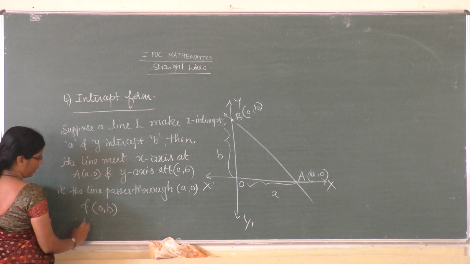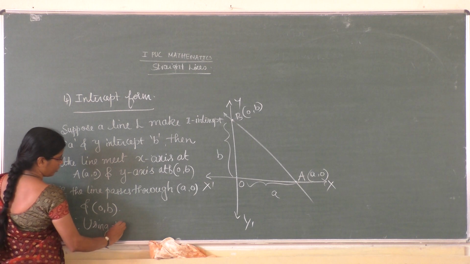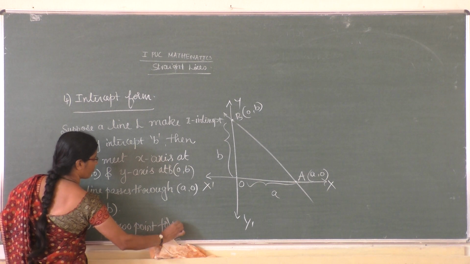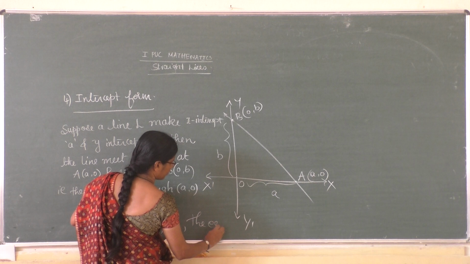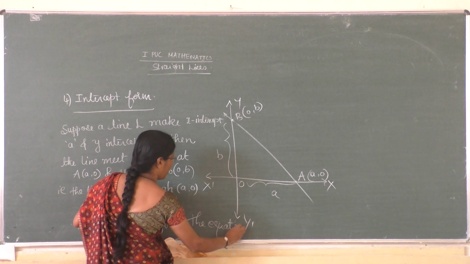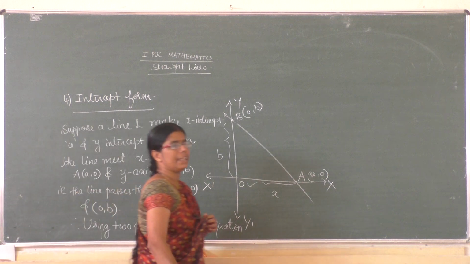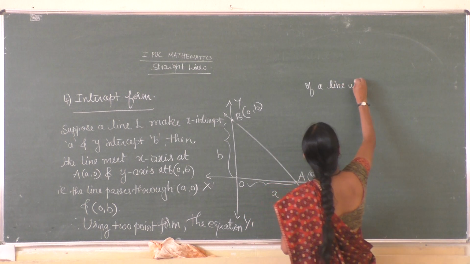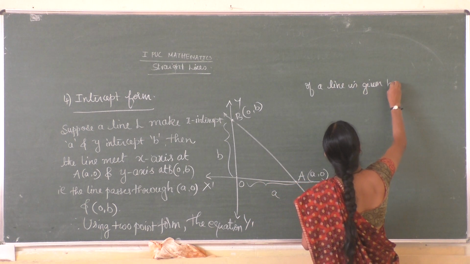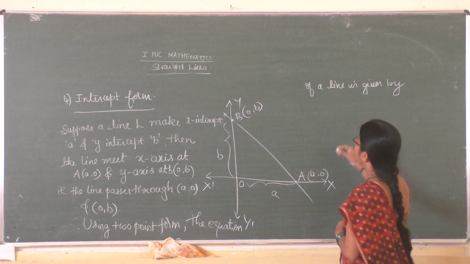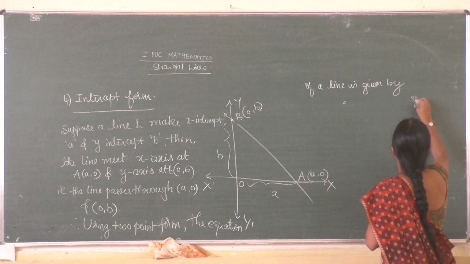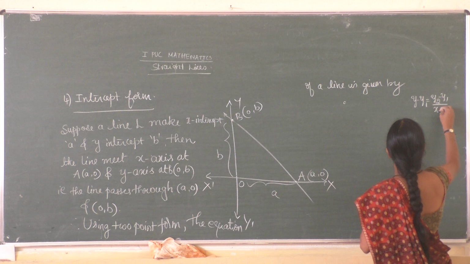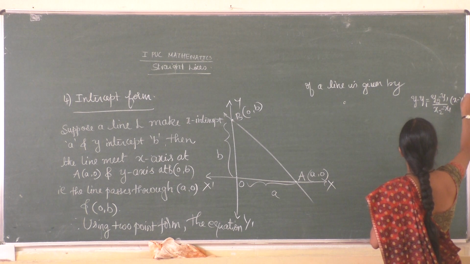Therefore, using the 2-point form, the equation of a line is given by the formula y minus y1 is equal to (y2 minus y1) divided by (x2 minus x1) into (x minus x1).